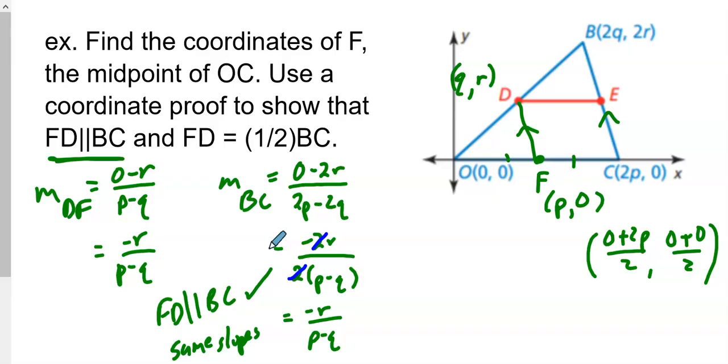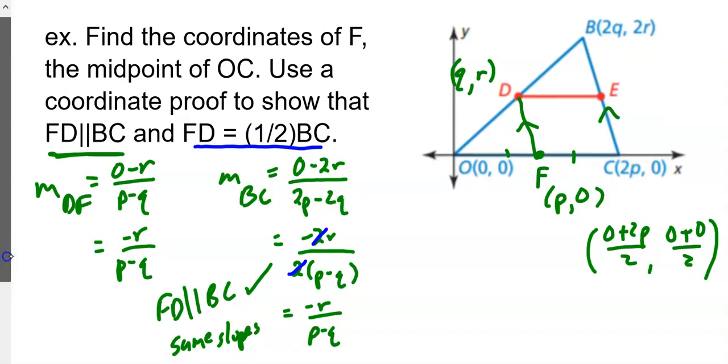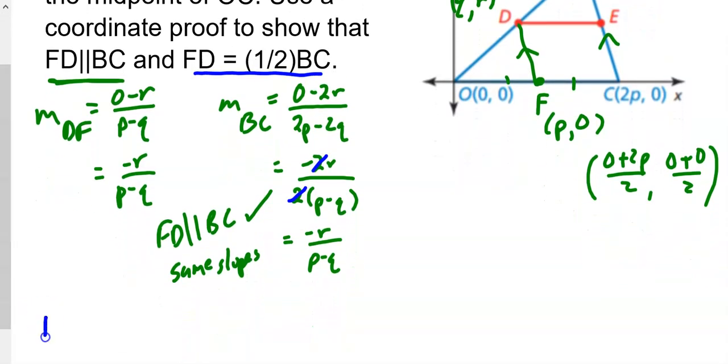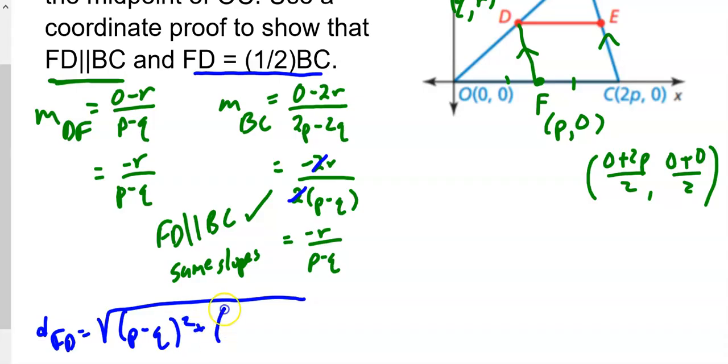And just like we did before, we got to show that FD is half of BC. So we'll come over here, now that we have all the coordinates here, again, we'll simply plug those in. So the distance of FD is going to be, again, subtract your x's, so it's going to be p minus q squared plus 0 minus r squared.